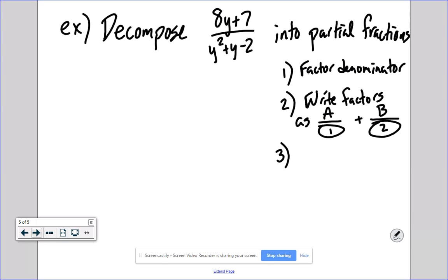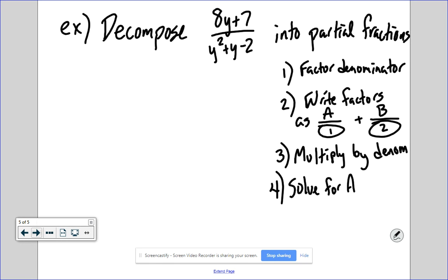Oh, okay. Step 3. You're going to multiply by that denominator. Okay. Step 4.